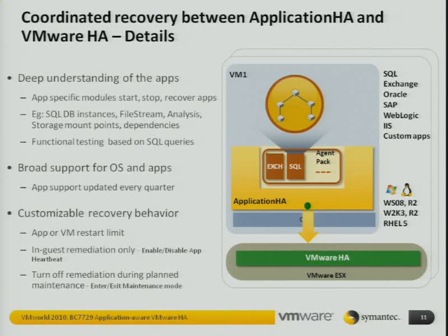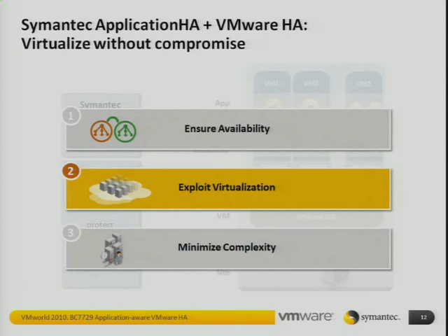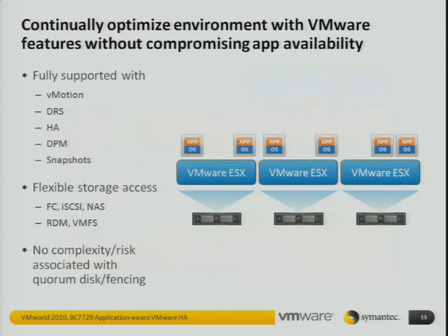That's basically the point. As you can see, we've taken care of a lot of the different scenarios to improve your availability. Equally important is to make sure that you're not losing any of the virtualization benefits that VMware brings to the table. Things like vMotion, DRS, et cetera, you really want to be able to leverage as much as possible. We're focused on making sure that Application HA is fully supported with all these different VMware capabilities, including vMotion, so you can vMotion the VMs around.